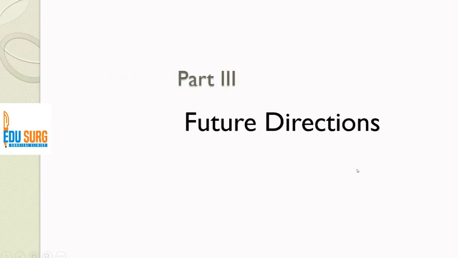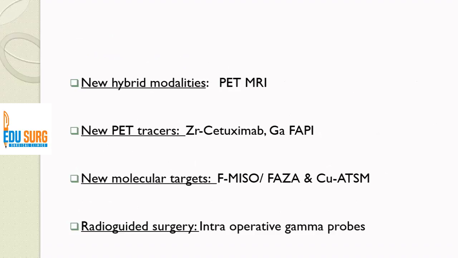Now, coming to the future of nuclear medicine in metastatic colorectal carcinoma. We saw the limitation that PET cannot detect smaller liver lesions, but MRI is the gold standard. So the newer hybrid fusion modalities are fusing PET with MRI, which will overcome the lack of sensitivity in smaller liver lesions, and we will get the best of both worlds.